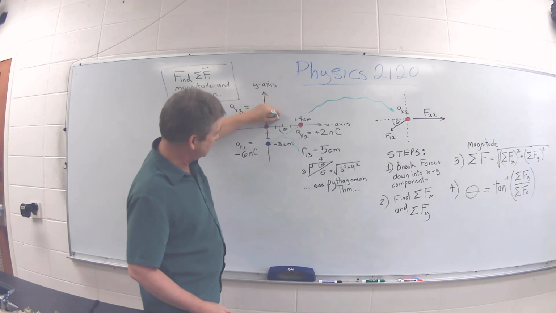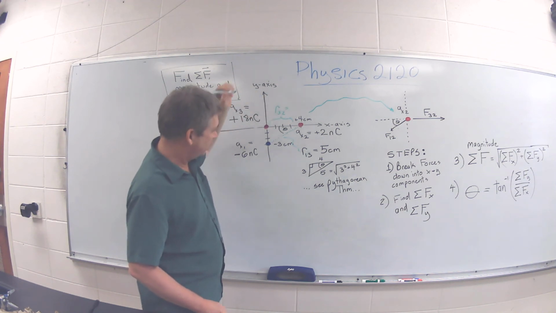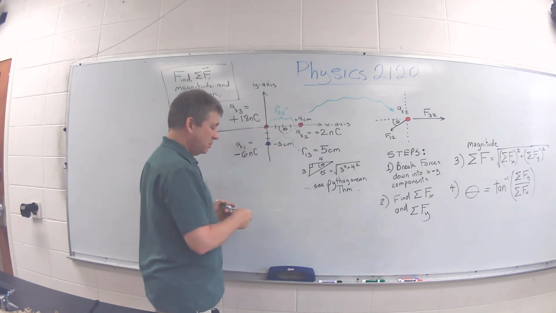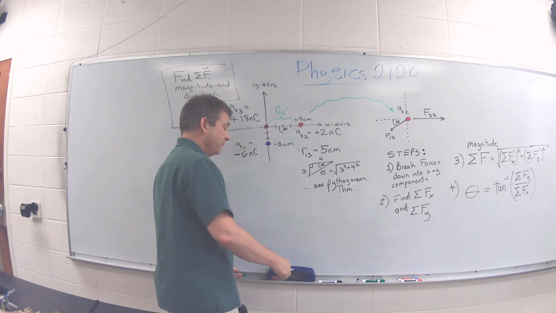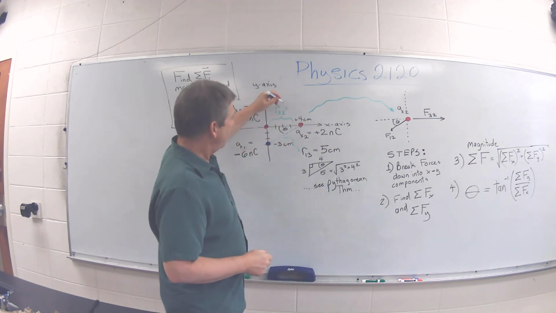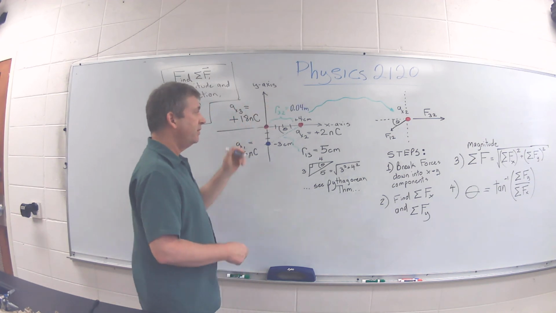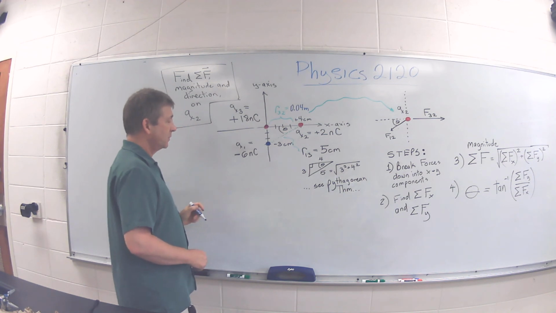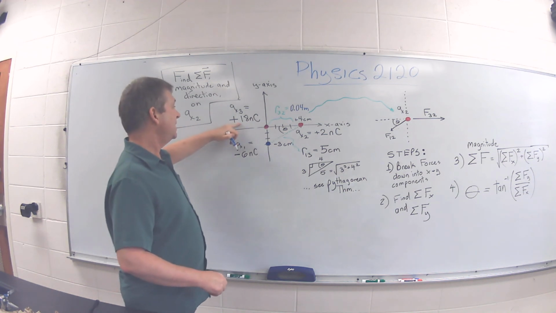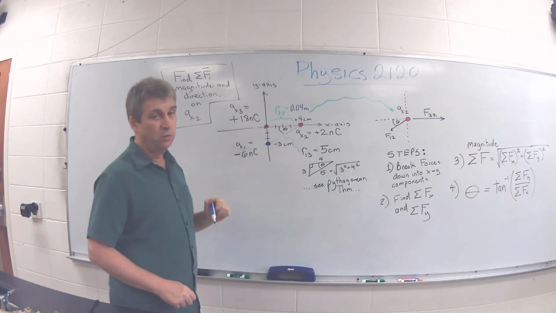We'll call this distance radius 3,2. Now, that's 4 centimeters, but we have to use meters. So we're going to call that 0.04 meters, and that's what goes in our formula. Also, this is 18 nanocoulombs.